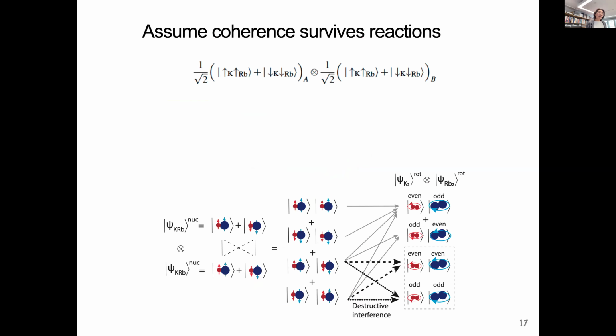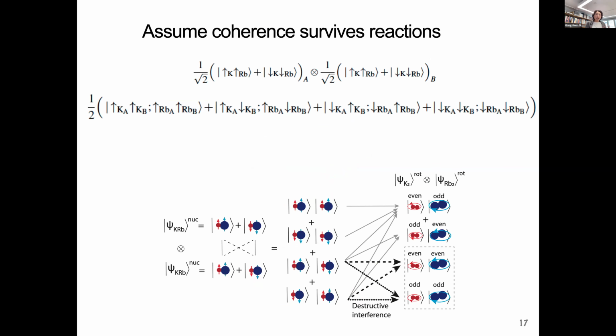Okay, so assume such a coherent process survives. We can do an analysis to see what we expect. We're using a very representative spin-1/2 example, potassium, rubidium, with A and B molecules identically prepared. If the chemical reaction is nothing but exchanging their partners without even touching the spin, then we can write out this tensor product into this 4-term expression.